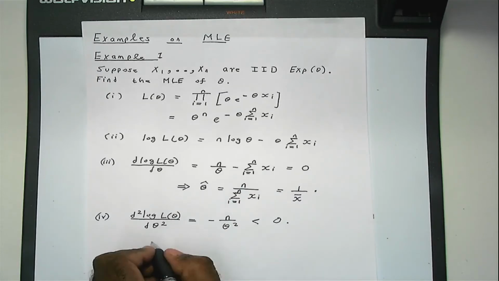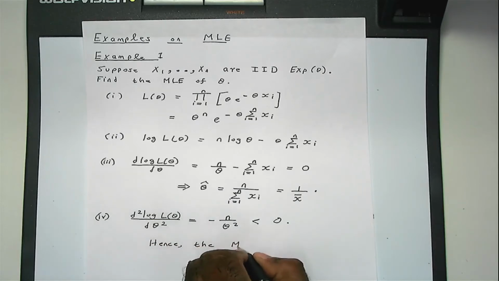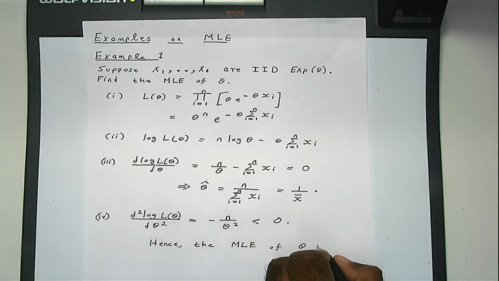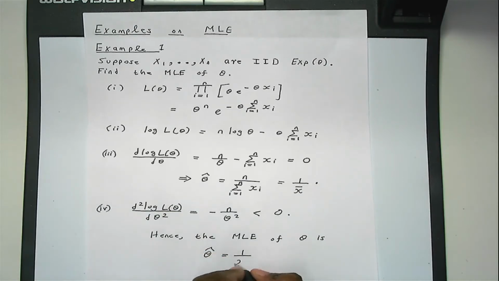So the conclusion is that the MLE for theta is 1 divided by the sample mean. So that completes example 1, which is a really easy one. Okay, let's go on to the next example.